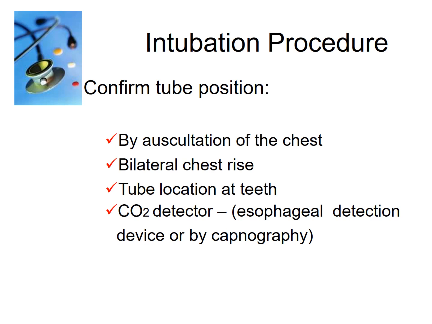Then bilateral chest rise, that is we have to see the symmetry of the chest expansion. Then tube location at the teeth. Then carbon dioxide detector, esophageal detection device, or by capnography we have to check it. The first two methods are usually used, that is auscultation of the chest and bilateral chest rise.